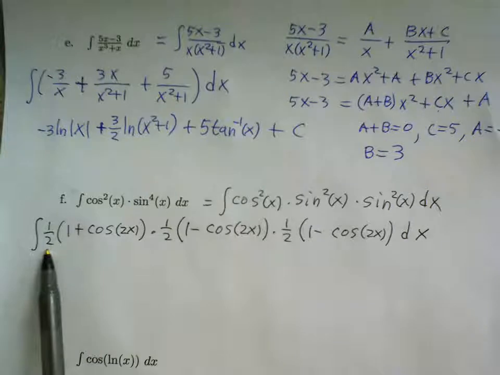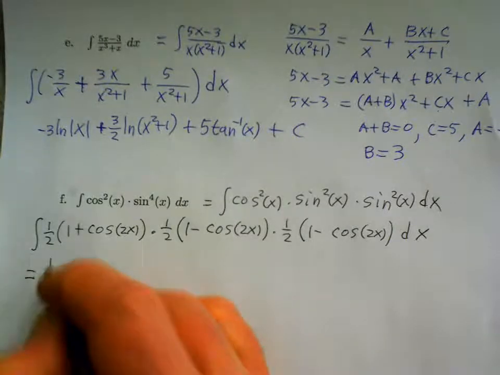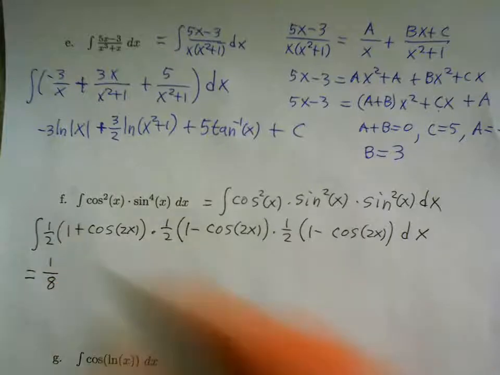So we have three constant factors that we can multiply together, 1/2 times 1/2 times 1/2, which is 1/8. So I'll bring the constant factor 1/8 out front.